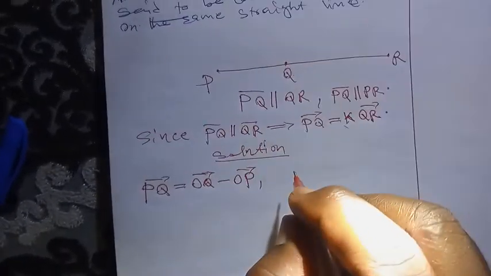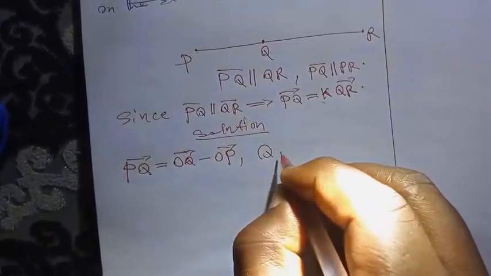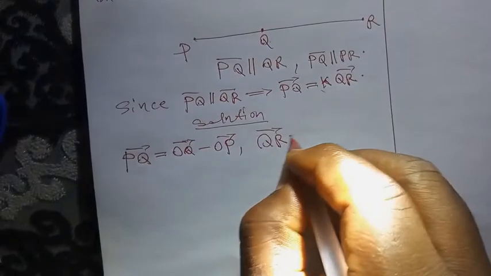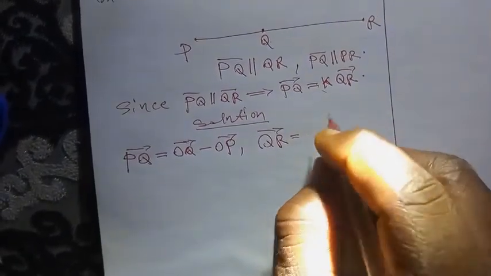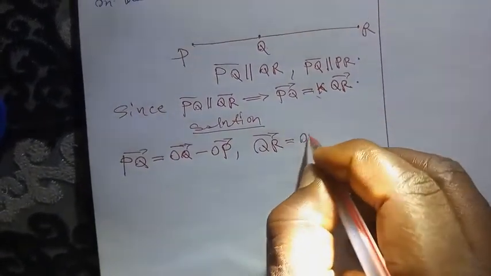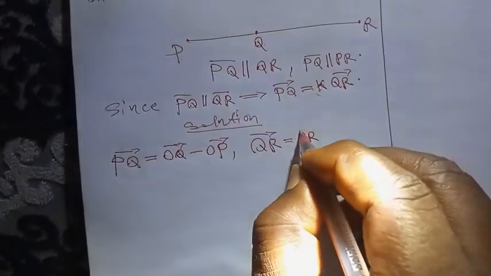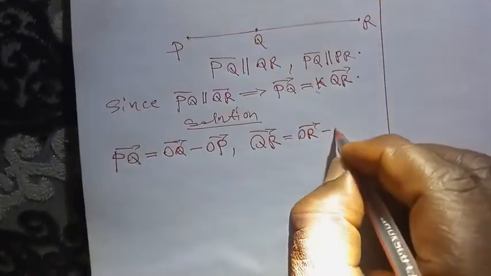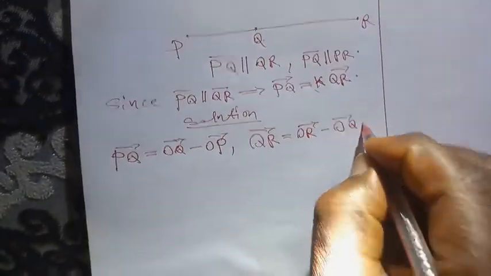And the other one, vector QR, is equal to vector OR minus vector OQ. Remember that, this is what I taught you.